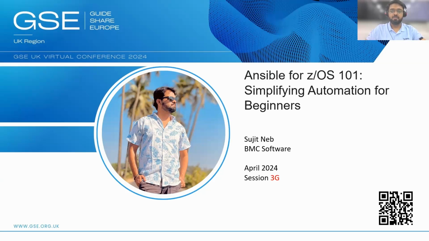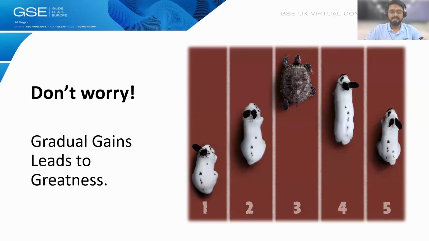So our topic for today is Ansible for zOS, and we'll try to simplify automation for beginners in the simplest way. As I said, you don't have to be worried about learning Ansible or what automation means.